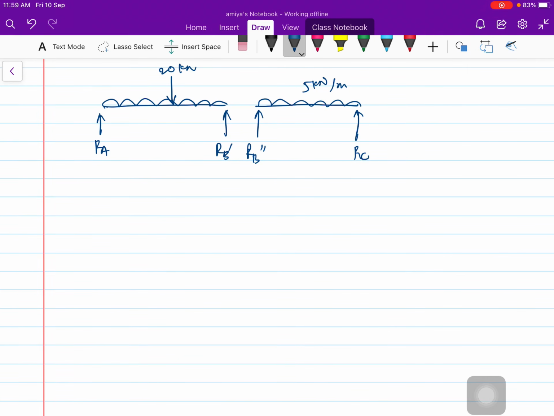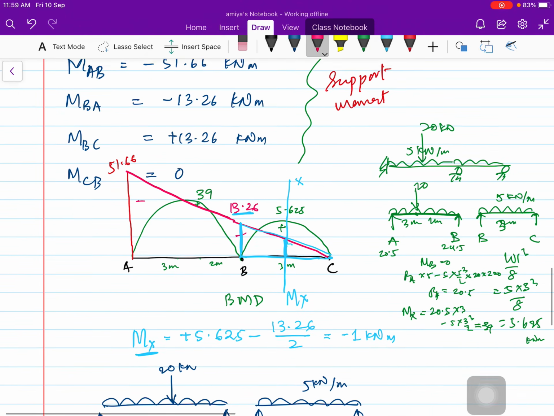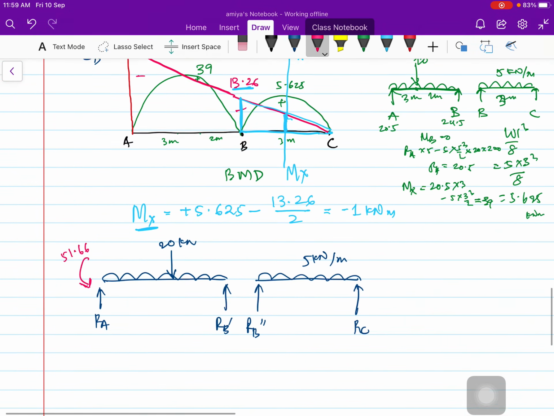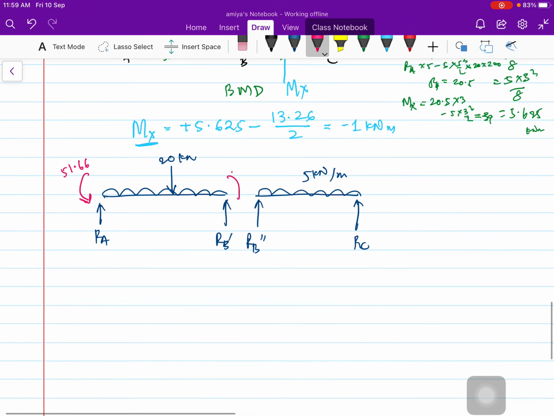Now I am going to write down the moments that we have calculated here. So MAB is minus 51.66, and then we have minus 13.26, and here plus 13.26.